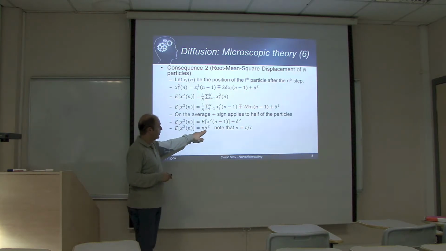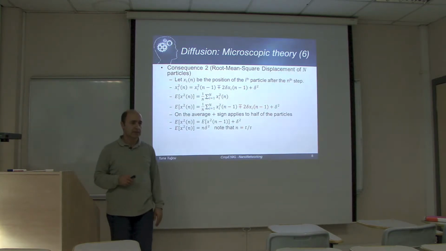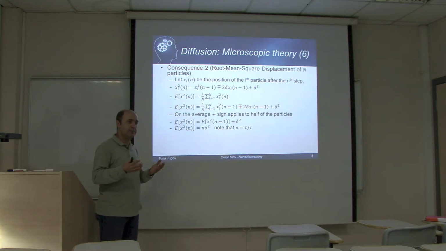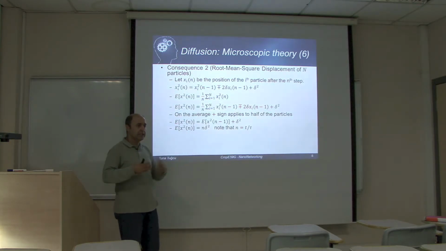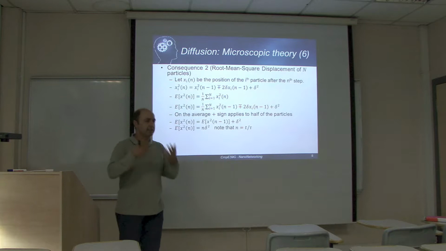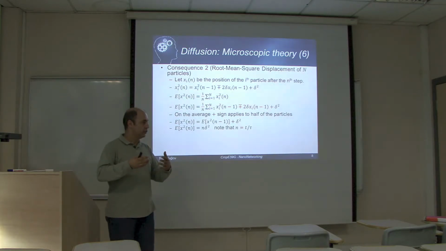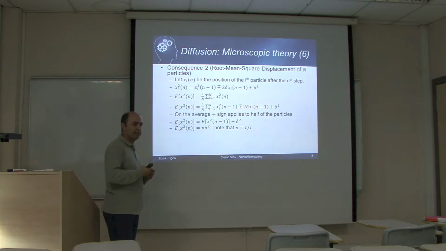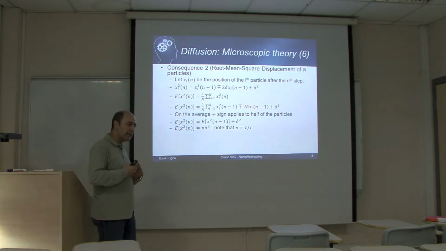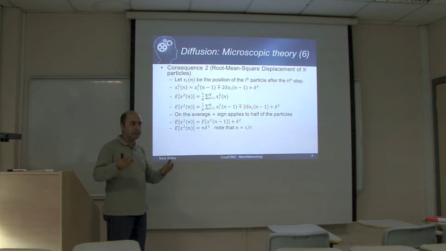And this comes from what? Actually, in the first step, x squared of n would be delta squared. In the next step, you would be adding delta squared on that. In the next one, you add delta squared. So in every step, you're adding delta squared. That means in every step, these things are just moving randomly around.